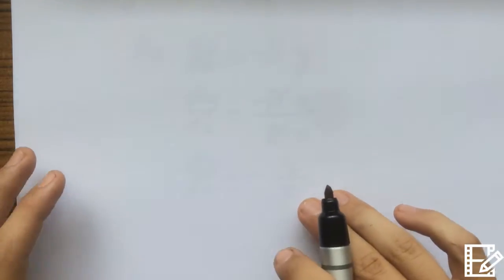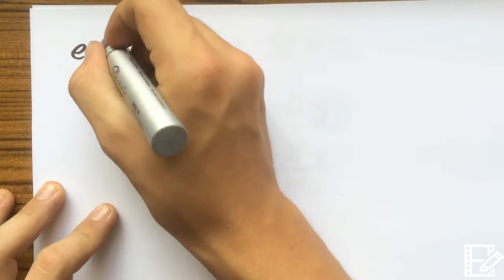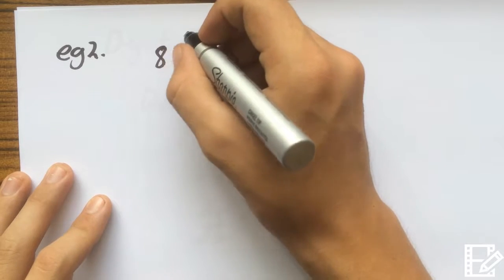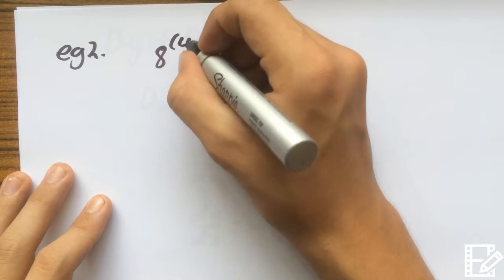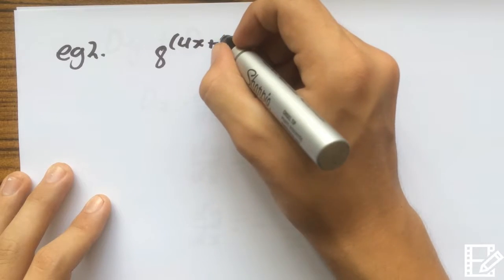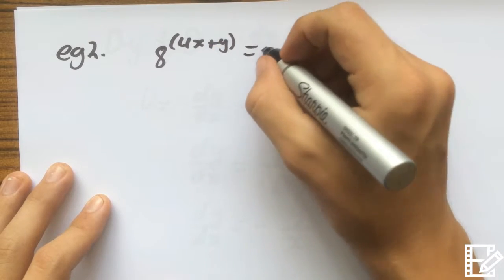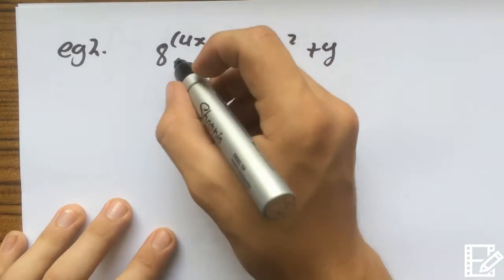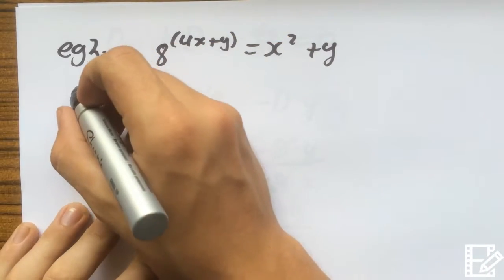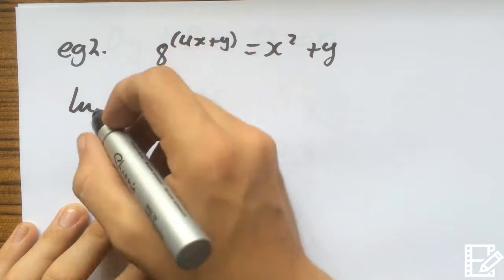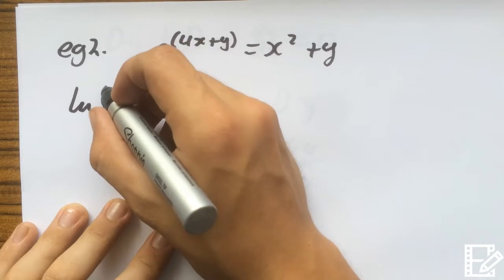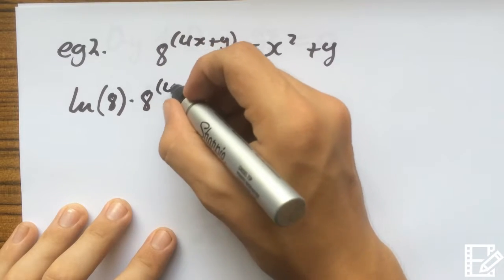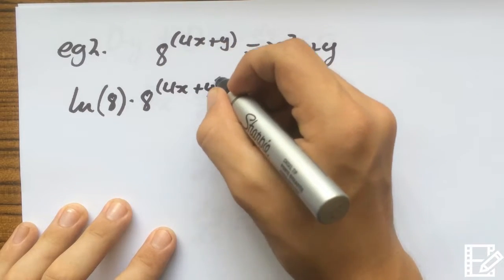Now for our second example. We have 8 to the power of 4x plus y equals x squared plus y. The derivative of this, using the chain rule, is the derivative of the outside, which is ln of 8 multiplied by 8 to the power of 4x plus y.